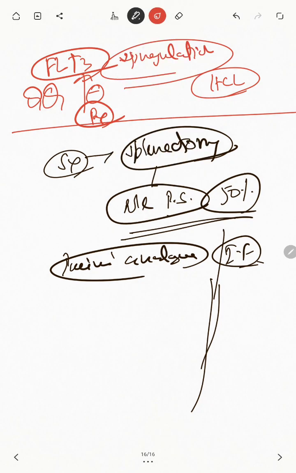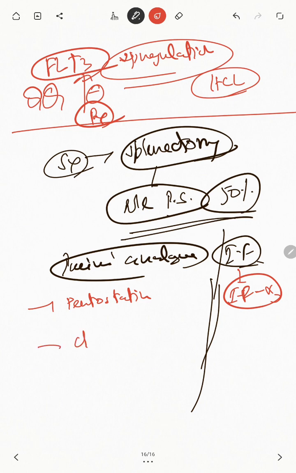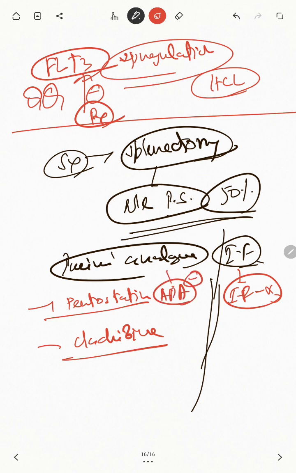The drug among the interferons is interferon alpha, and the purine analogs you use are pentostatin and cladribine. These drugs bind to the ADA enzyme irreversibly, and ADA is an important enzyme called adenosine deaminase.